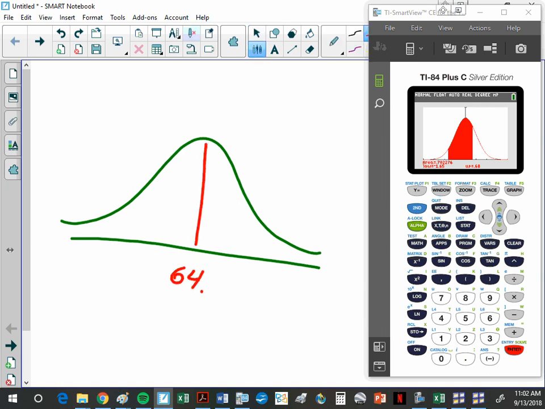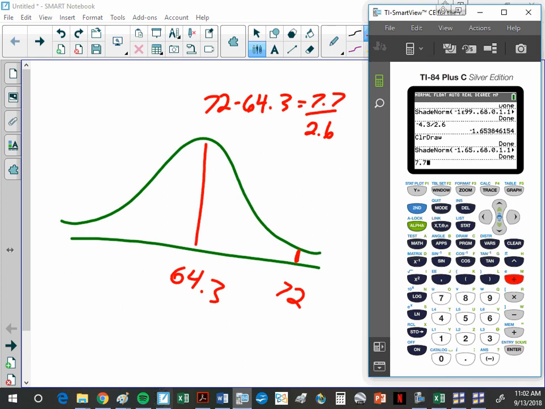So 64.3. 72 is going to be way over here somewhere. 72 minus 64.3, which is 7.7. Divide that by 2.6. And I get 2.9. How many people are going to be right of 2.9? Very few. What's that?